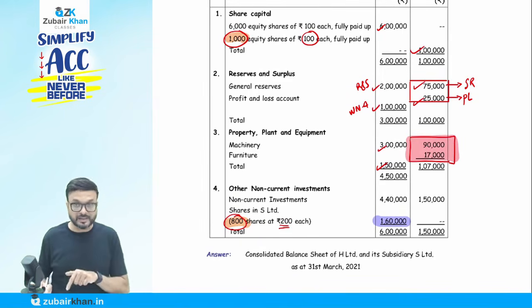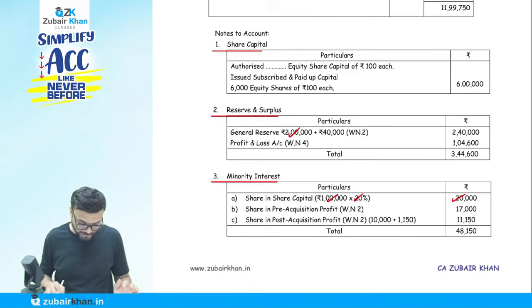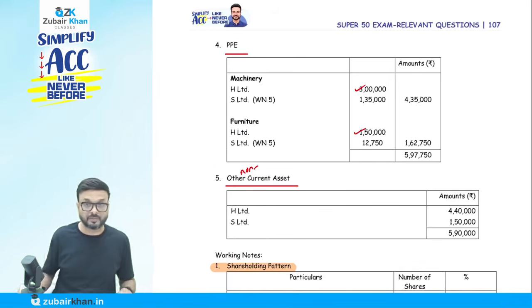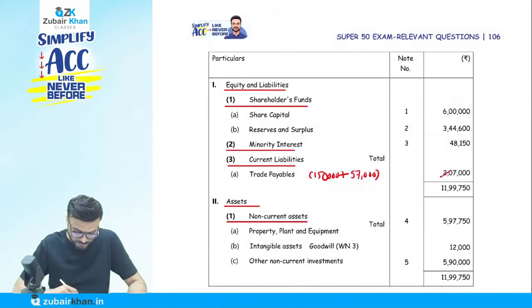I will discuss these adjustments, the para that I have not yet discussed, in detail. So machinery is 3 lakh and furniture is 1 lakh 50,000.